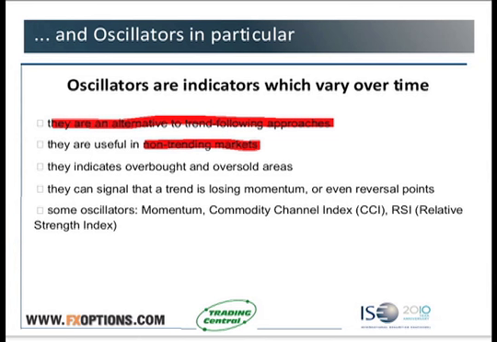They also indicate overbought and oversold areas when we think that prices are reaching some areas where prices should not be. So they can also signal that the trend is losing its momentum and maybe reverse.